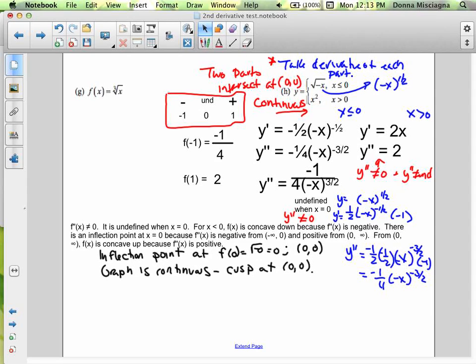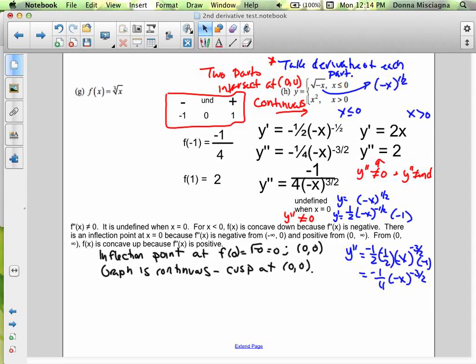So for x less than 0, f of x is concave down because f double prime of x is negative. There's an inflection point at x equals 0 because there's no problem for the original function, because f double prime of x is negative from negative infinity to 0 and positive from 0 to infinity. From 0 to infinity, f of x is concave up because f double prime of x is positive.